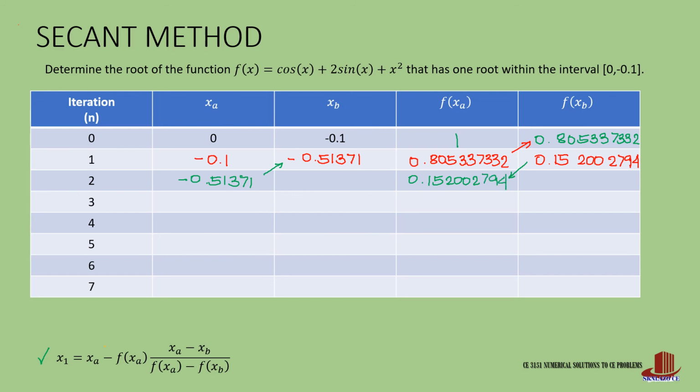Now we compute for x sub b. That would take us to negative 0.60996 with its corresponding value of f of x sub b, which is 0.046051316.